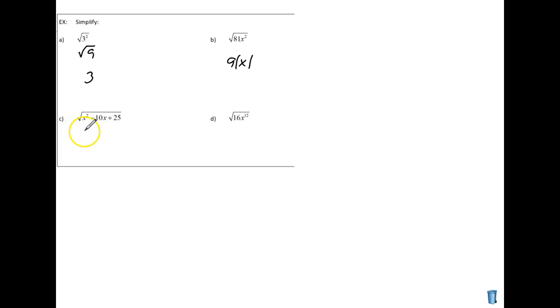Similarly here, if I factor this, this becomes x minus 5 squared, and I'm taking the square root of that, right? So when I take the square root of something squared, it's just what I have, which is x minus 5. But since we want that to remain positive, we have to put that in absolute values. Okay? And similarly here, I'm taking the square root of 16x to the 12th. Oh my goodness, that is a lot. X to the 12th, remember, is x squared times x squared times x squared times... You get the idea.